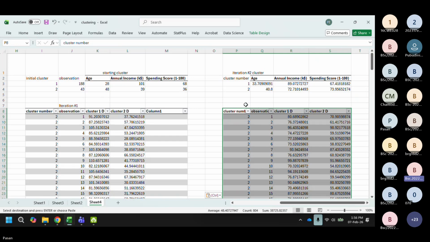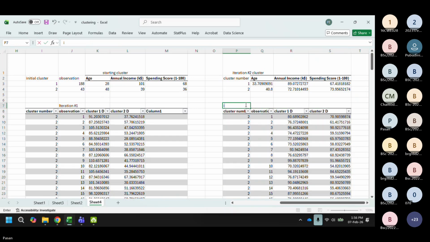So that is my iteration number two, right? I have the cluster number.